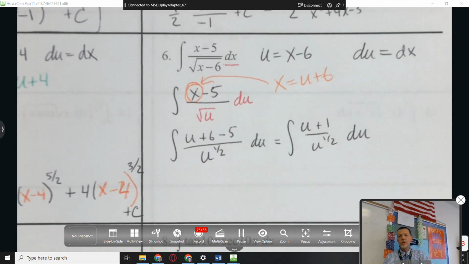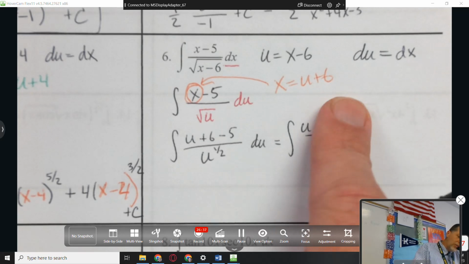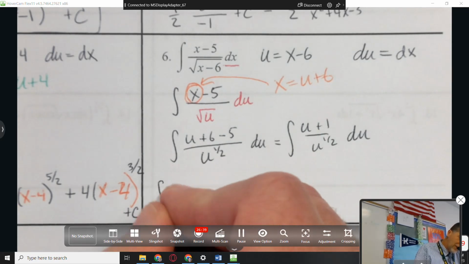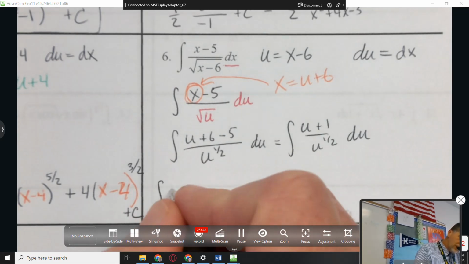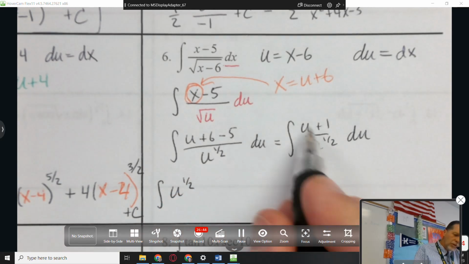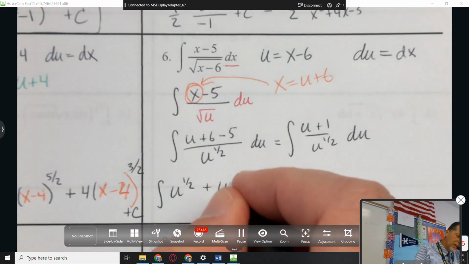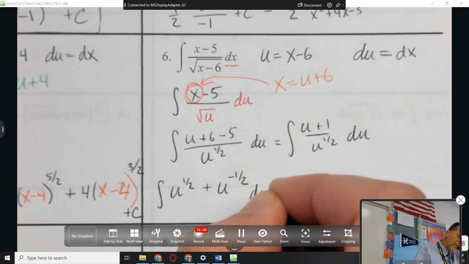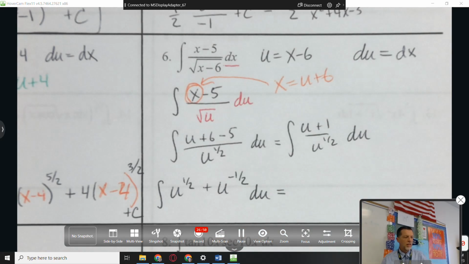And there's still no quotient rule, so I need to divide each of those by u to the 1/2. So u to the 1/2 plus u to the negative 1/2. Algebra, algebra, algebra here. But now I'm ready to integrate.